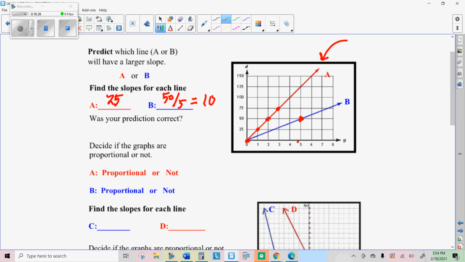And the way I got those slopes is I figure out how far it's going up. It's going up 25, and then how far it's going over is 1, and then you just divide those. How far up divided by how far over. So this one went up 50, and that was over 5 hours.